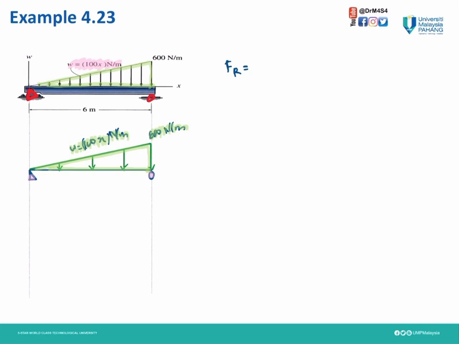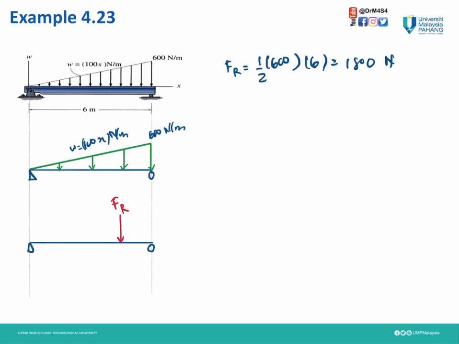Then we need to calculate our FR, the force resultant for this case. FR equals the area of this. Therefore, half times the highest, 600, times the length of this beam, 6 meter. Therefore, our FR is 1800 Newton.